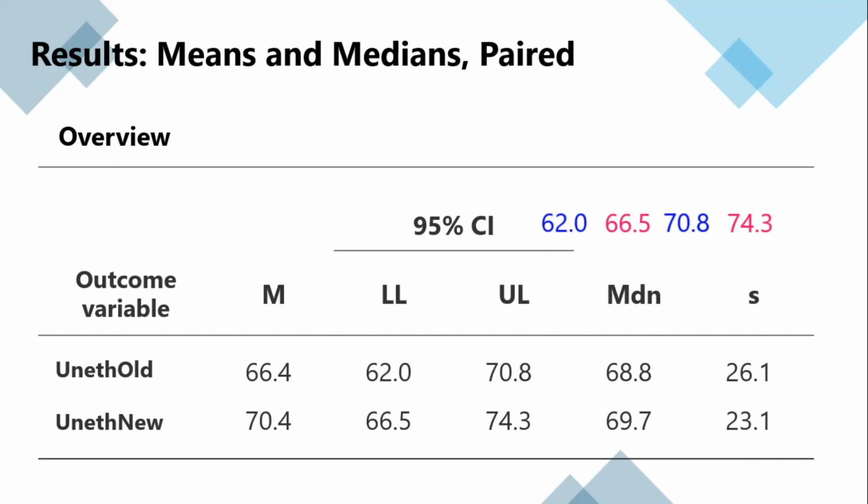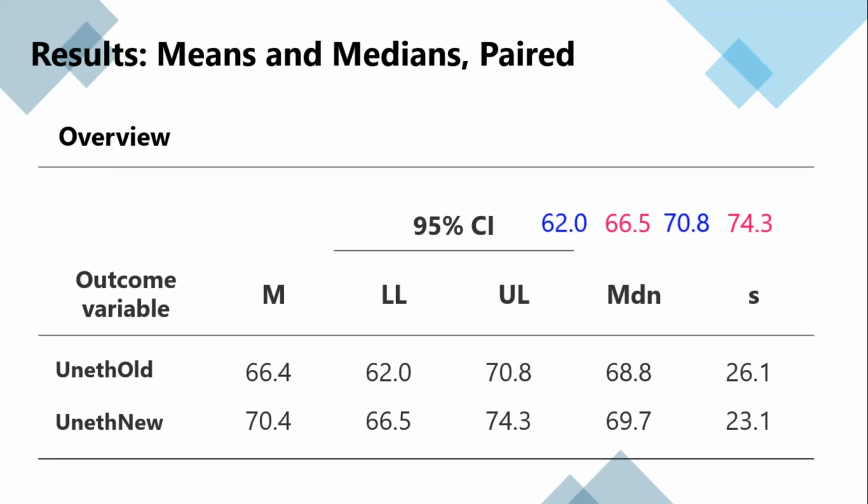And as you can see, for the one in the top row, the unf old, the mean is 66 and the median is about 69. So there's a little bit of a difference there, which means that the data is roughly skewed in the direction of the mean. Again, you'd want to look at the actual distribution or histogram yourself, of course, but this is just a quick check with your eyeballing that you see the difference between the mean and the median.